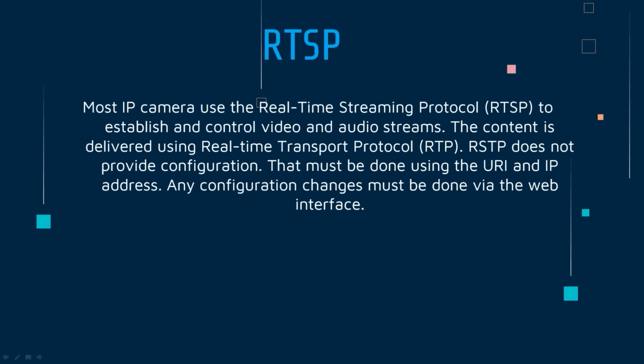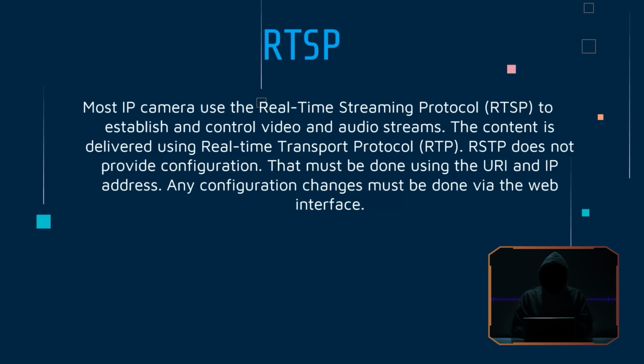So let's talk about this a little bit. What's happening is that when you try to log into one of these cameras, it's generally going to be on port 80 or 443. So you're going to get a login interface. But when you start streaming the video, it's going to use RTSP over port 554.